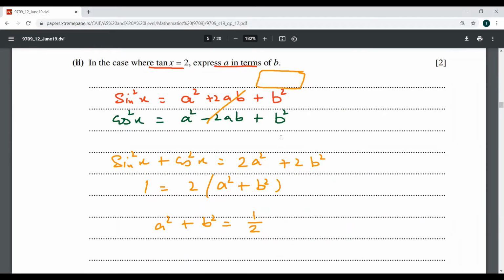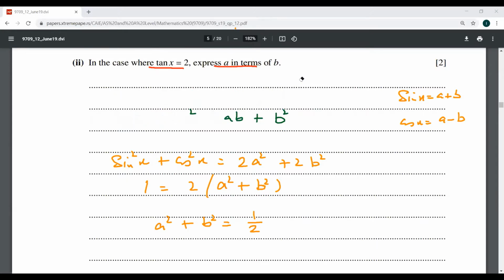So I think if I can recall it, your sine x was a plus b, and your cos x was a minus b. Yes. So now, how could he give you an easier question than this? Can there be any question easier than this?